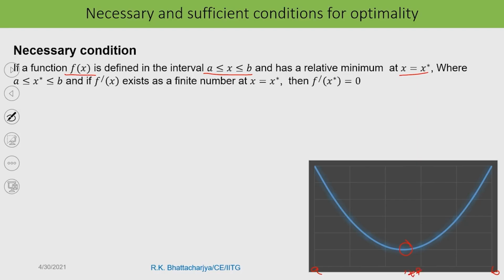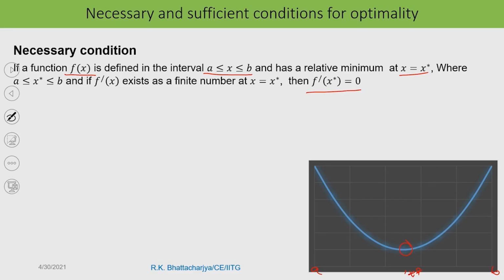Where x star is between a and b, and if the first derivative exists as a finite number at x equal to x star, then the first derivative is equal to 0. So, if this condition is satisfied, I will say that x equal to x star is a relative minima.